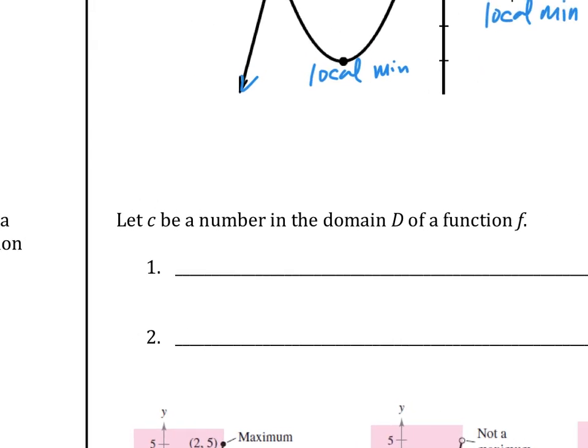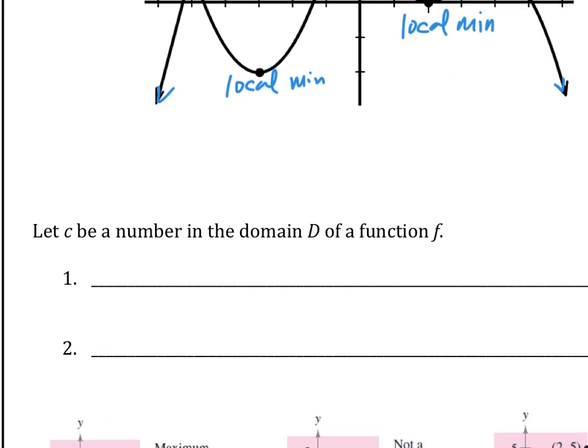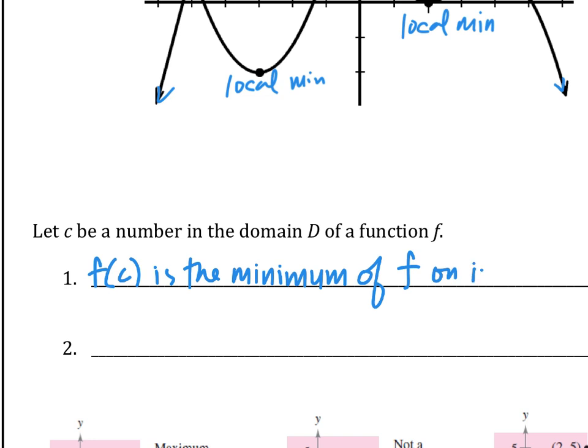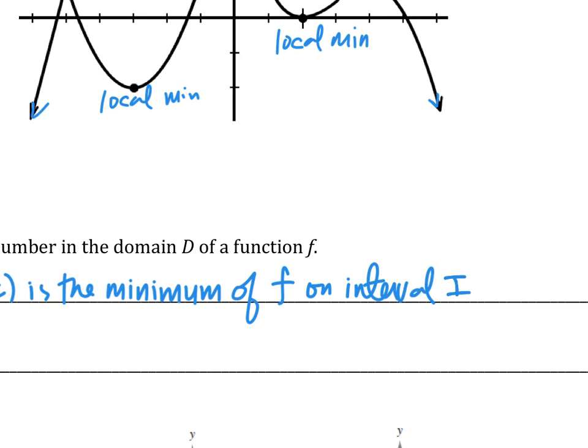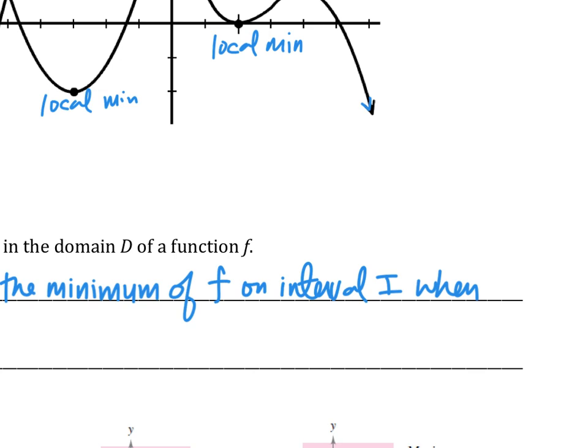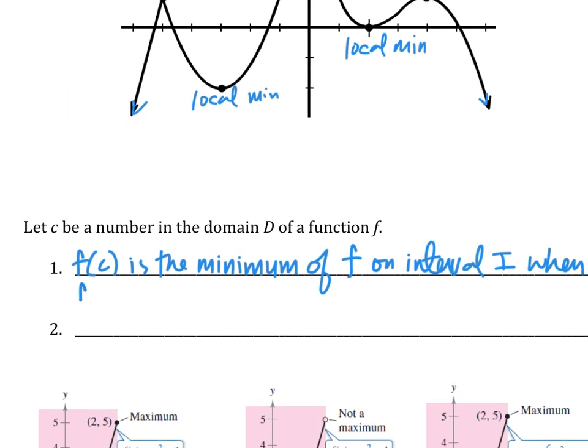the extrema definition is that if you have a number c in the domain D of a function f, then f of c is the minimum of f on interval I when f of c is less than or equal to f of x.